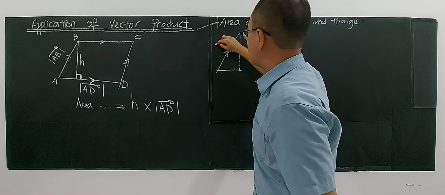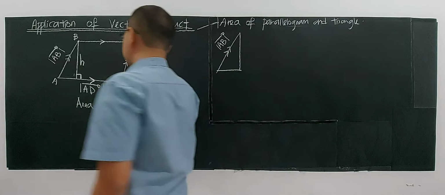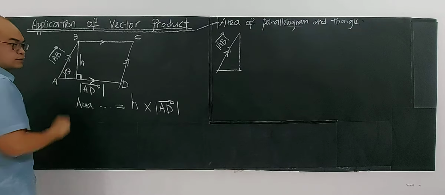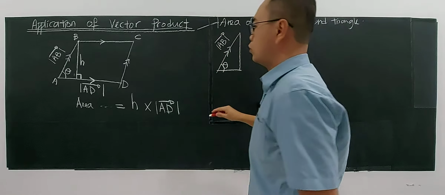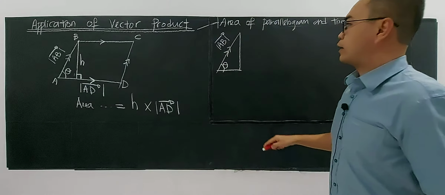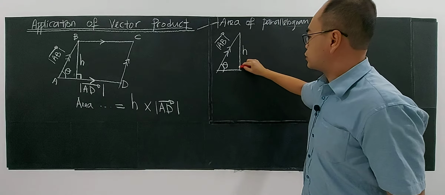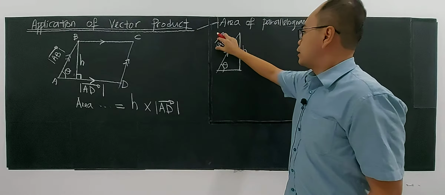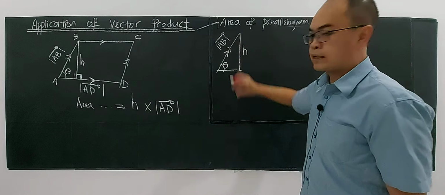This is the magnitude of AB, and there is an angle in between these two vectors. Then I have this to be H, and I want to write H in terms of AB and theta.